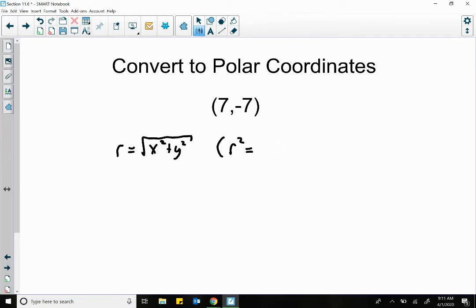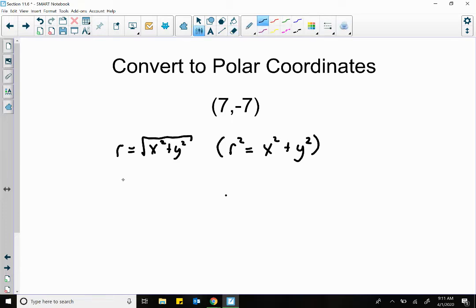Or in other words, it's the radius of a circle with the center at 0, 0. So that's where this formula is coming from, and it makes sense, because this r represents radius. So it's just the radius of a circle with the center at 0, 0.